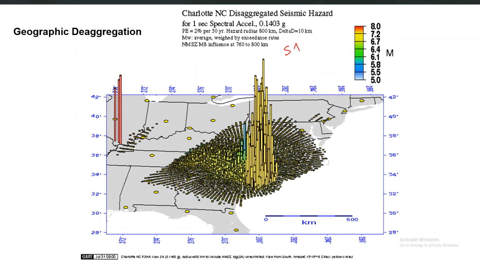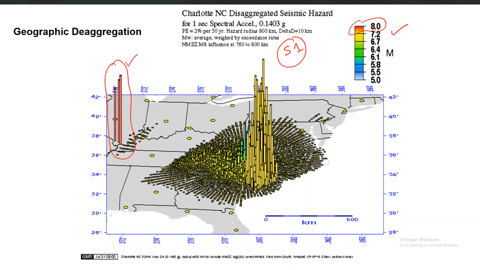This is for S1, and now you can see that for this particular site on the map, all of these bars or towers, the color of these towers is representing the magnitude, and their distance is already graphically shown on the map. But one observation you can have here is that for S1 you have these three bars or towers which are located far off from the actual site, and the color of these far off towers corresponds to a high magnitude.